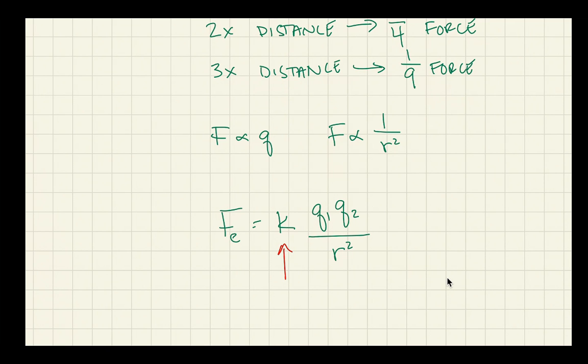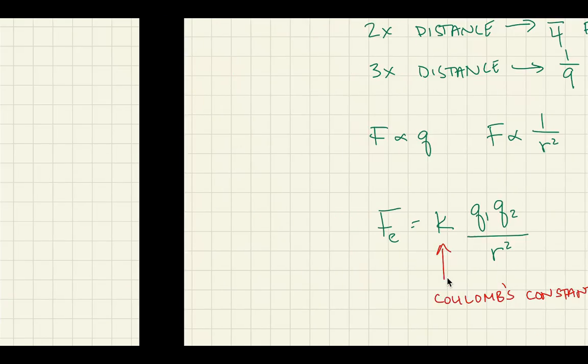It's just an experimental value that says you have to also multiply by this much every time. This is called Coulomb's constant. So that's a really brief overview of what Coulomb's law is. For our purposes, we're more or less just going to be plugging numbers into this equation or qualitatively looking at, if I do this, then what would the result be?